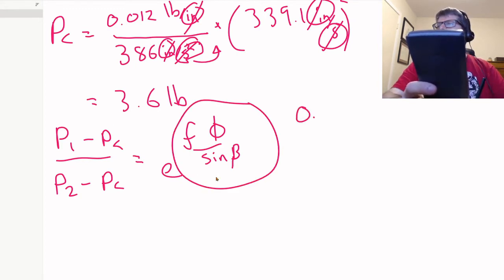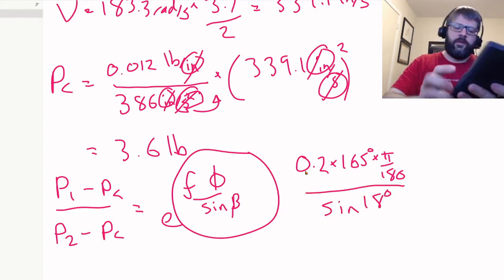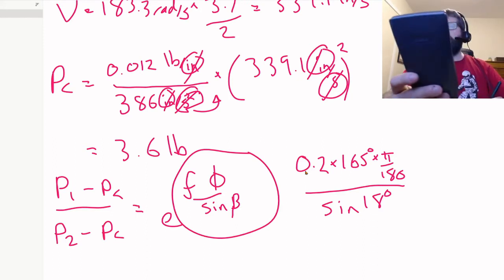Our f was 0.2. The wrap was 165 degrees, but we want this in radians. So let's go ahead and convert that, times pi over 180, and then all of it divided by sine of 18 degrees. 0.2 times 165 times pi divided by 180, and then divided by sine of 18 degrees.